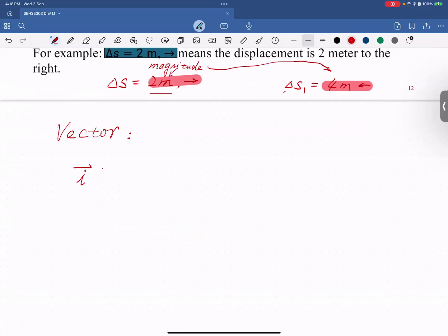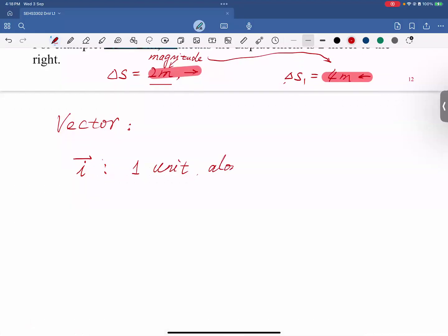I means one unit. Okay, it can be meter, it can be meter per second, it can be millimeter. Okay, so it is 1 unit, any unit along positive x direction.